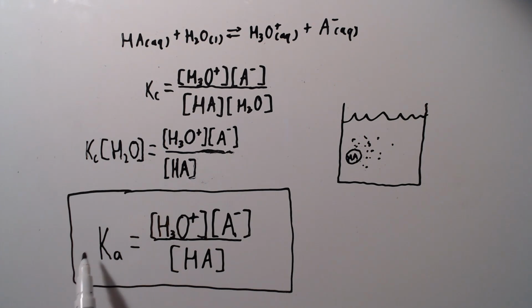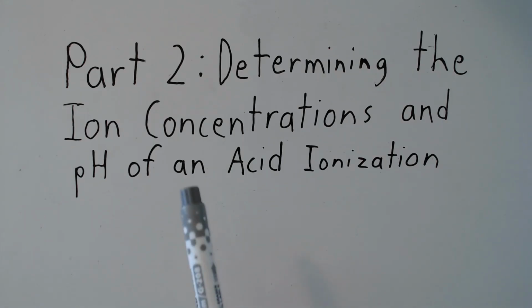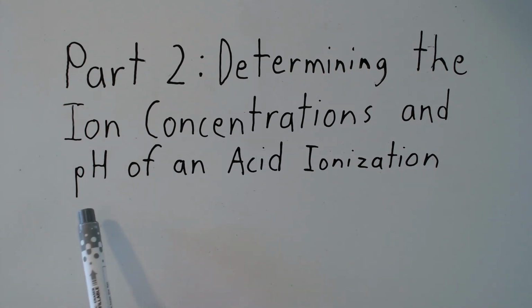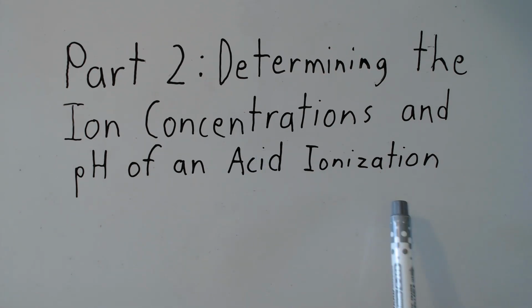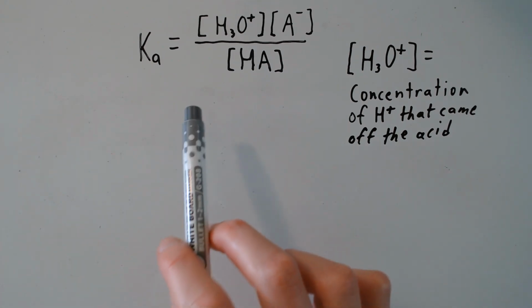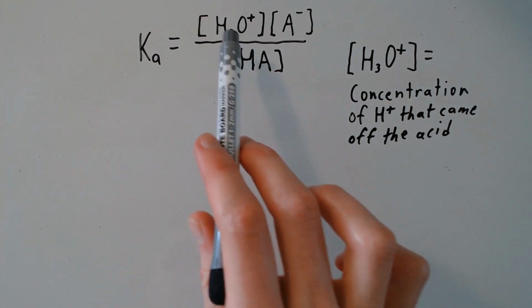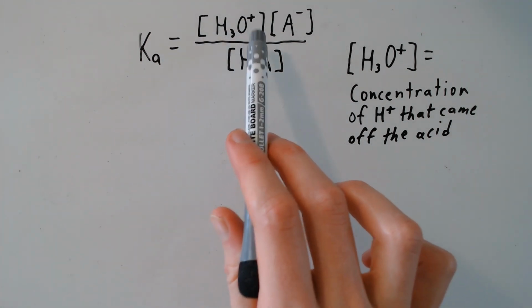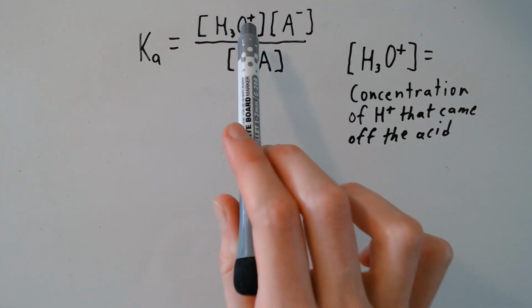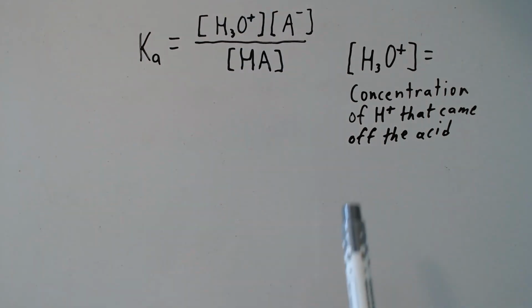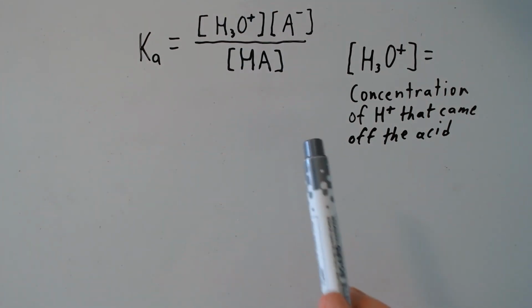It's worse at dissociating. Let's move on to part 2, determining the ion concentrations and the pH of an acid ionization. Usually, the Ka equation is used to find the H3O+ concentration. And this H3O+ concentration can be used to find the pH of this acid solution.